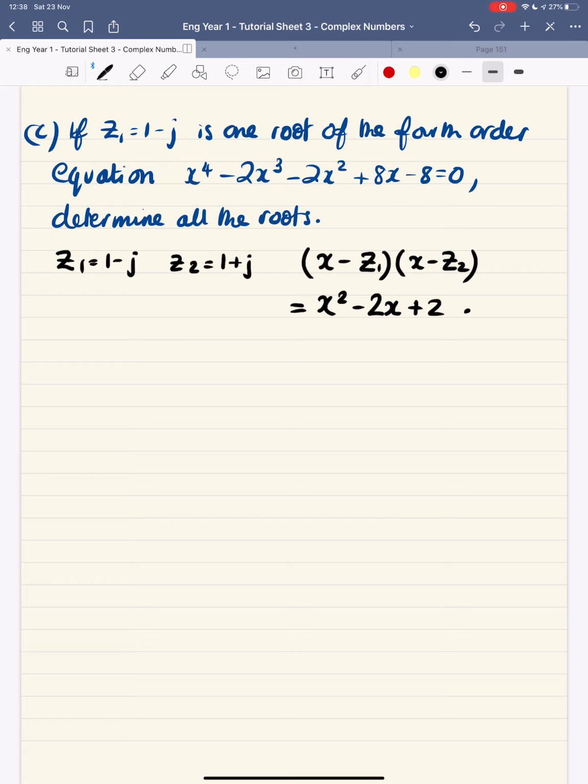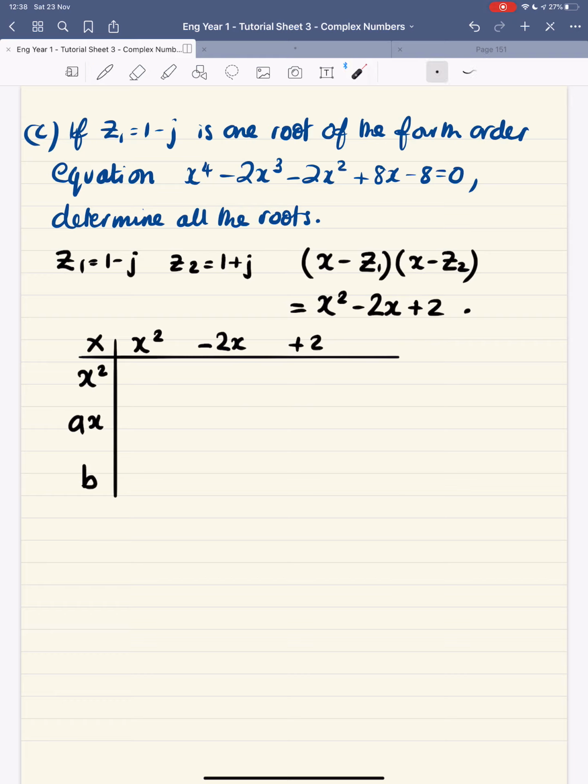Okay, so then we've got x squared minus 2x plus 2 multiplied by something down here. Don't quite like this, it's going to get messy. Multiplied by x squared, and then we've got so many x's and then a constant.